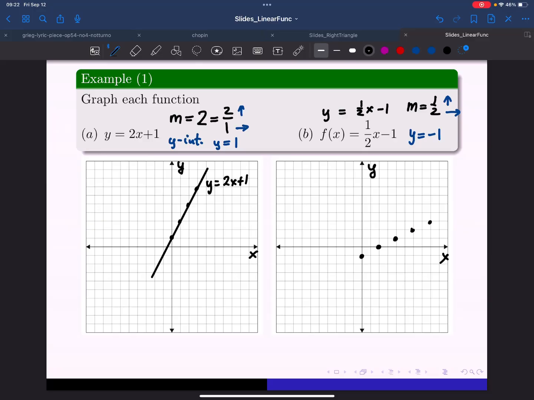And the same for the next points. Then we can connect all the points, and that's my line. Y is equal to 1/2 x minus 1.